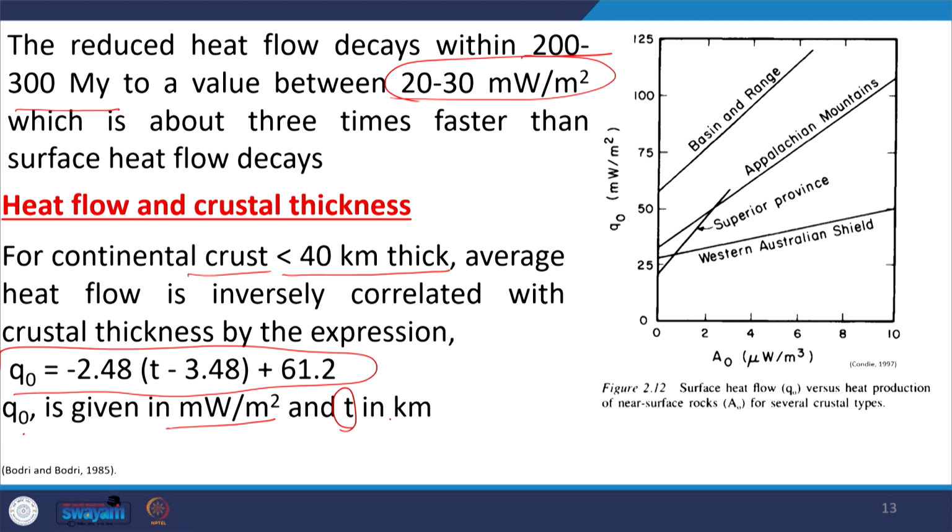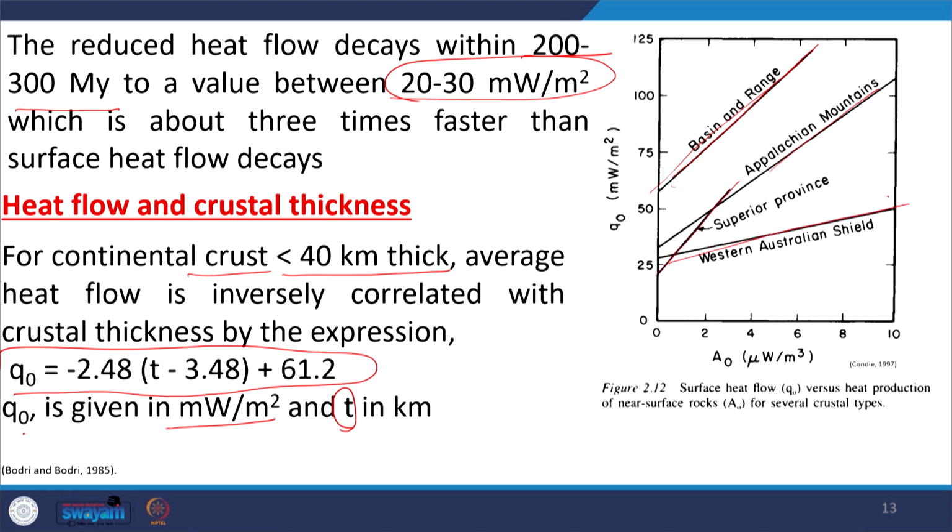Now, if you see some of these mountain building areas, that means tectonically disturbed areas, they are compared. Here the Basin and Range province is an extensional tectonic regime. In this graph, this is the surface heat flow, and this is the Appalachian mountains, this is the Lake Superior province, then the Western Australian shield.